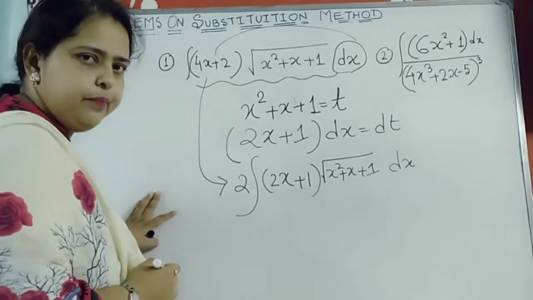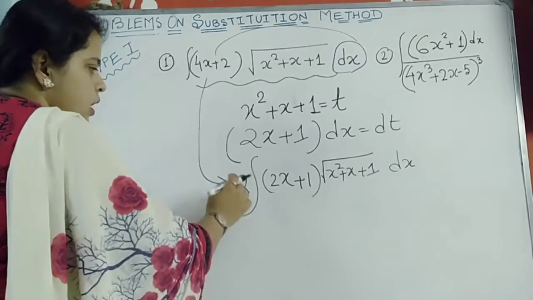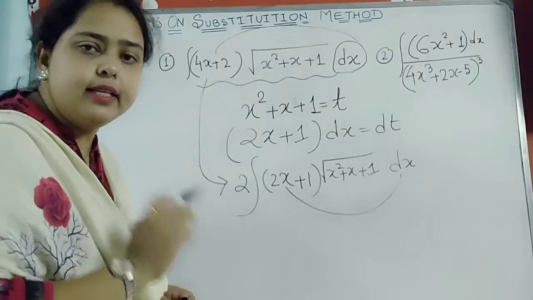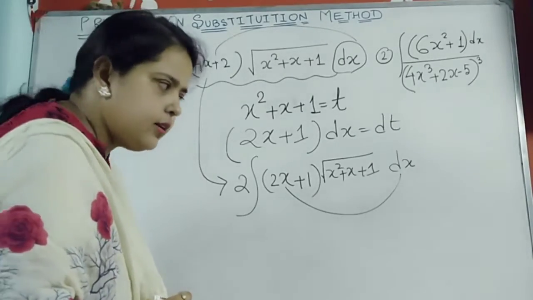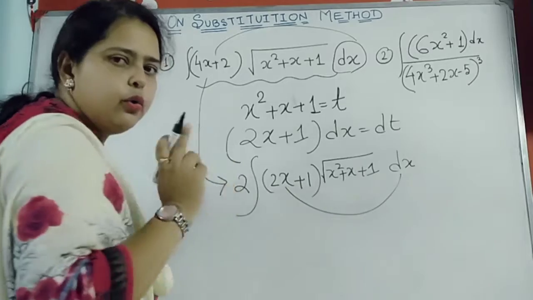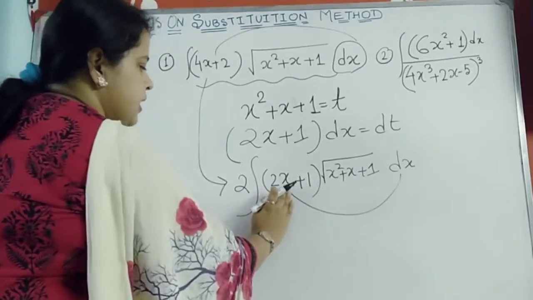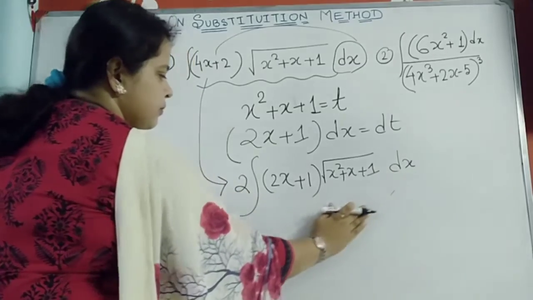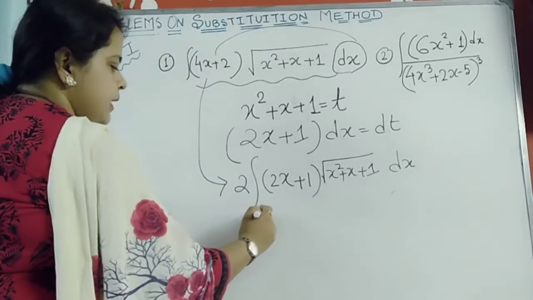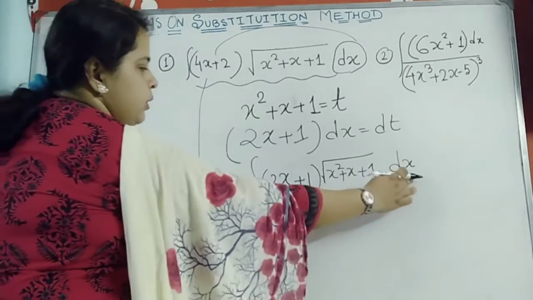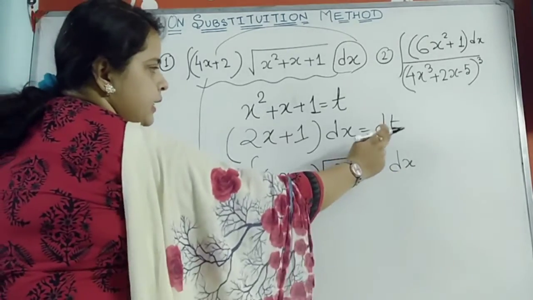Is it okay? Now I am going to write this entire part as dt. Correct. And this is root over t. So let us write, in the place of 2x plus 1 into dx, I am going to write dt.